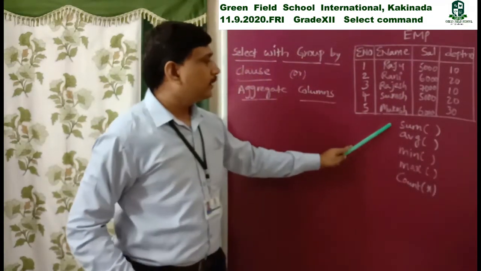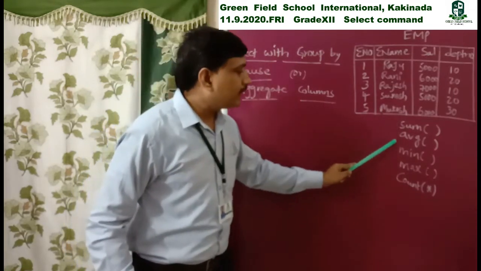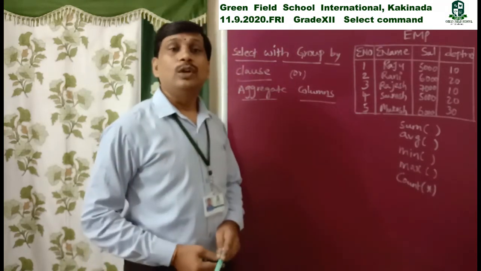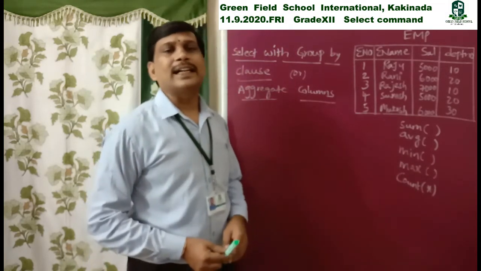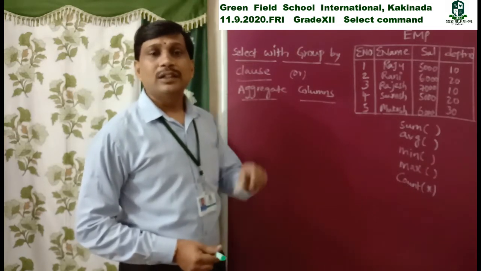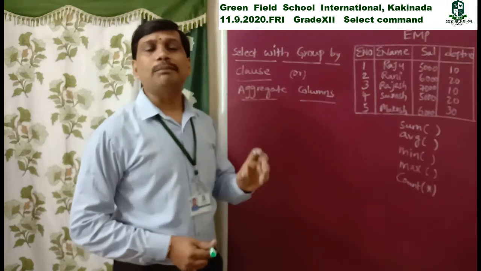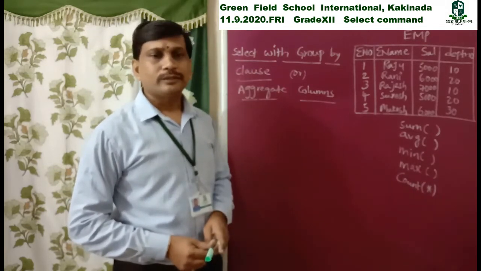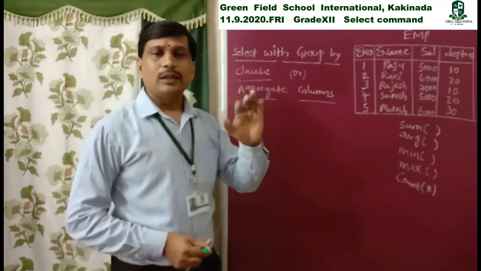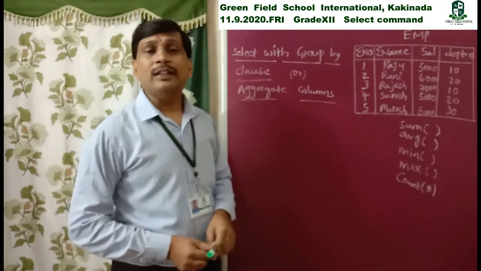Observe here, aggregate columns or aggregate functions. Why are these called aggregate functions? These are calculated columns. Sum calculates over a group or set of values. It takes more than one input and returns one single output.